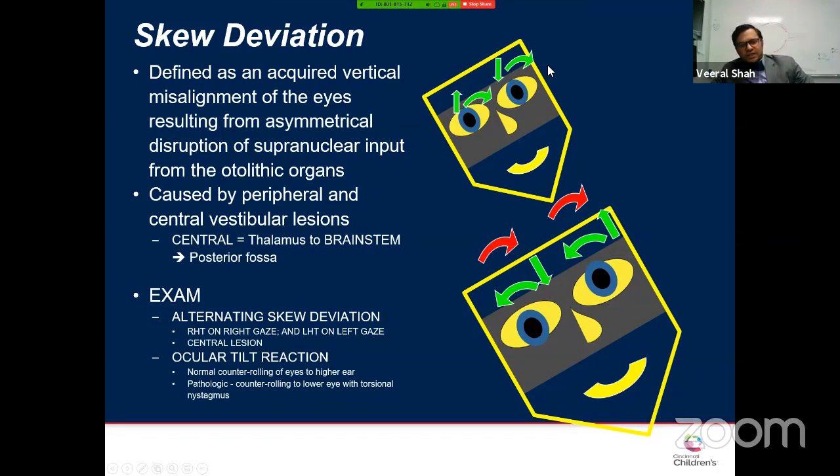However, pathologically, if they have abnormal vestibular inputs, you're actually going to see a counter roll to the lower ear. They should be rolling up this way, but they're actually rolling downward to the lower ear. And so that's an ocular tilt reaction as described. That also can be described with skew deviation.